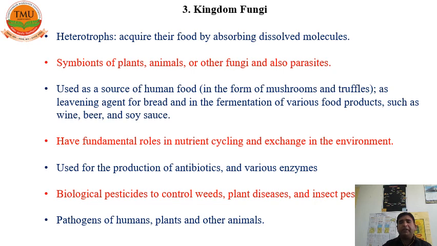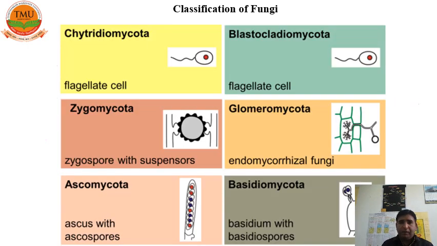So we can see this is a very heterogeneous group. It has different types of trophic structure, different shapes and sizes, and different importance in our life.